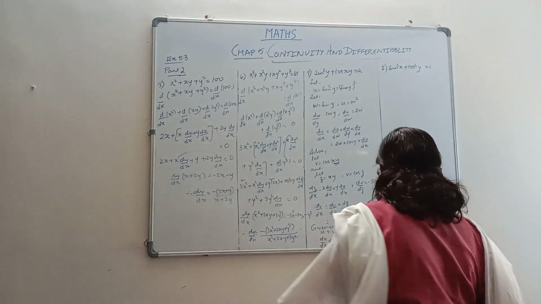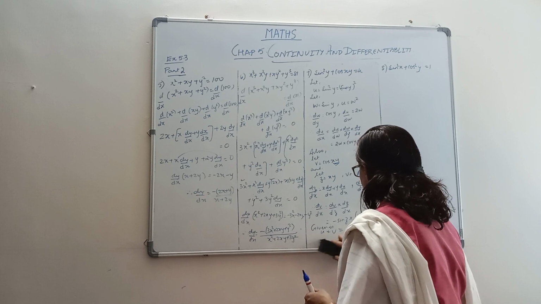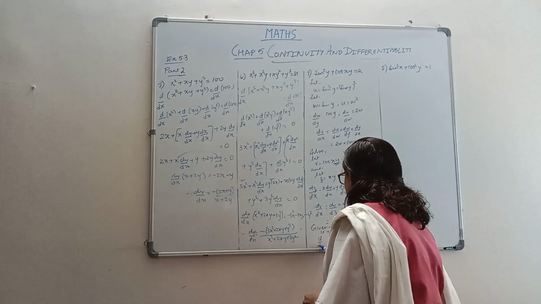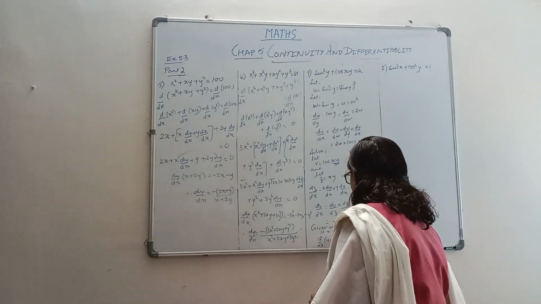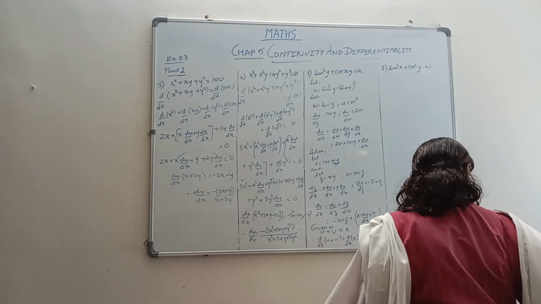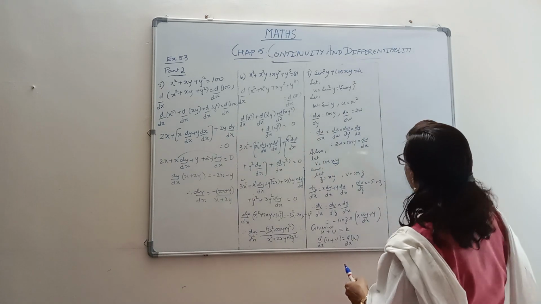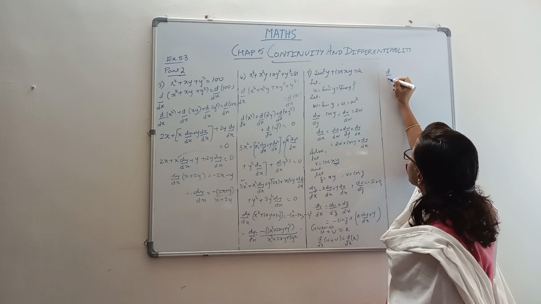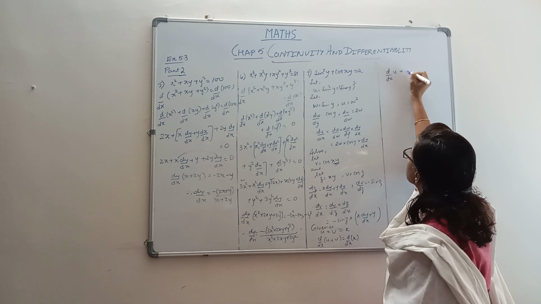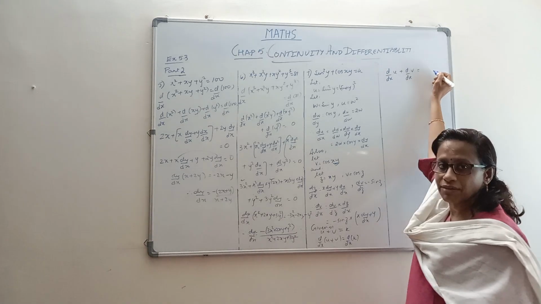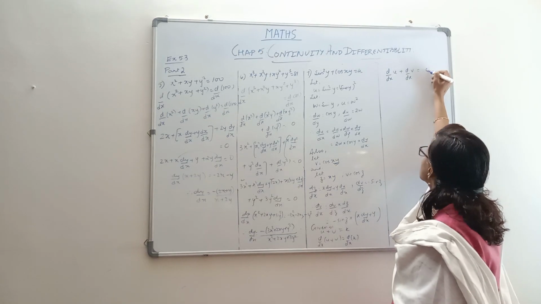This will simplify as d by dx of u plus d by dx of v, and d by dx of k, which is a constant, is obviously going to be 0.